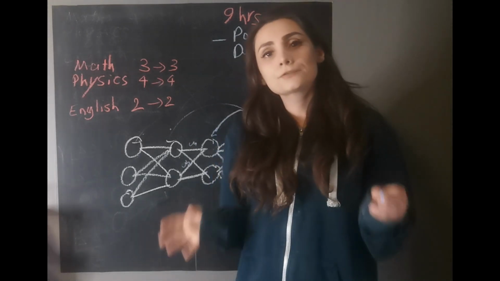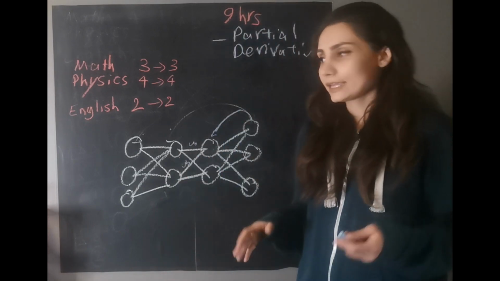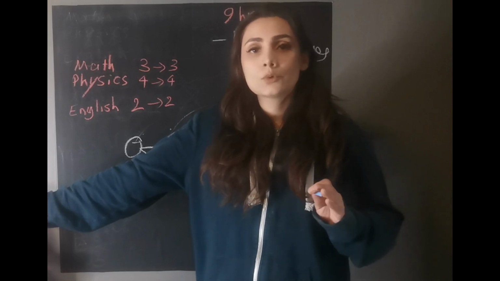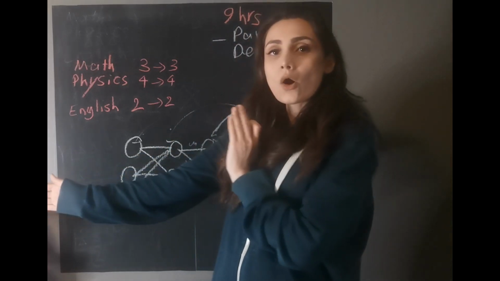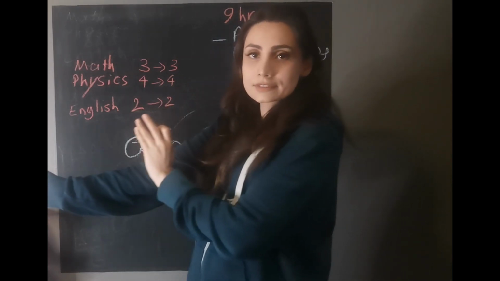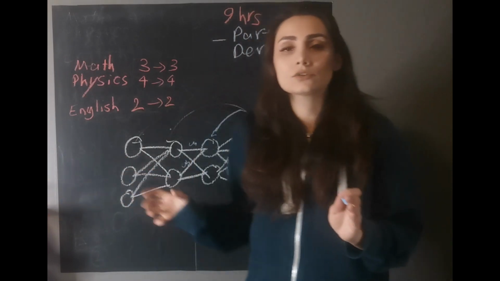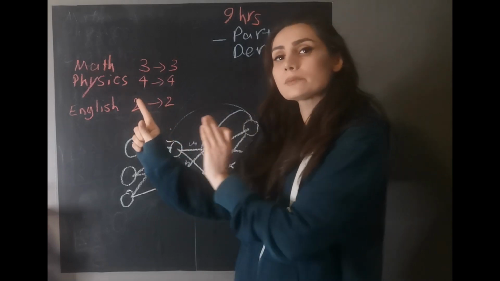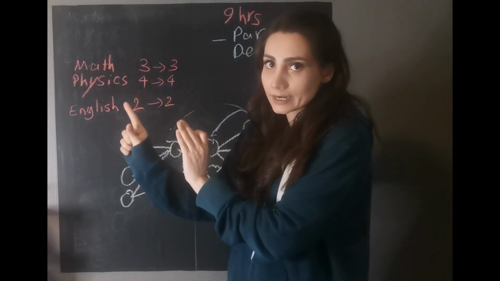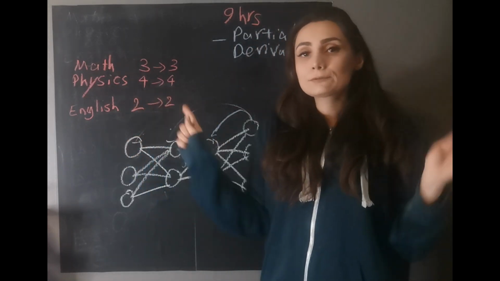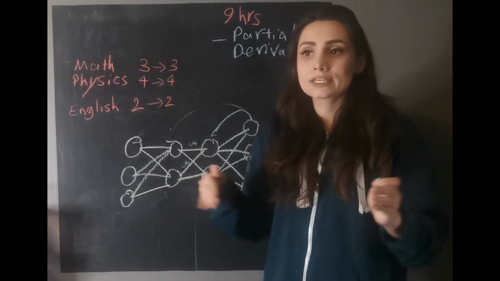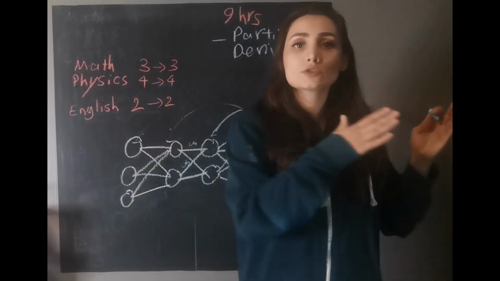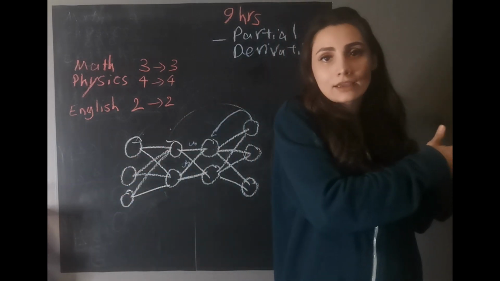What partial derivatives does is says, okay, if I have an equation, I'm going to keep all of the other things constant. Only one variable is going to change, and the rest of them are going to be constant. Then I'm going to see how much each one of these features is going to affect the error.